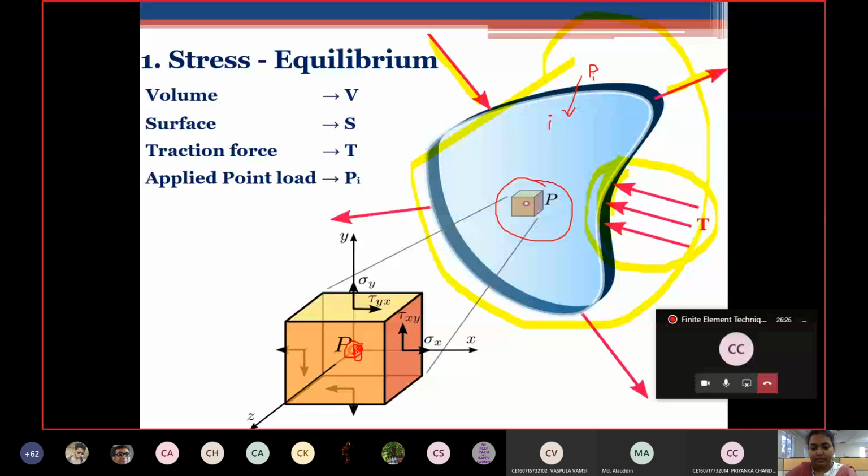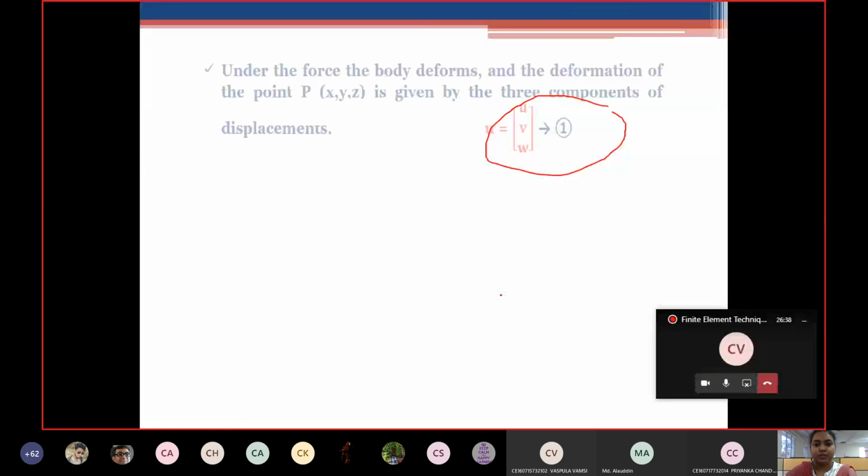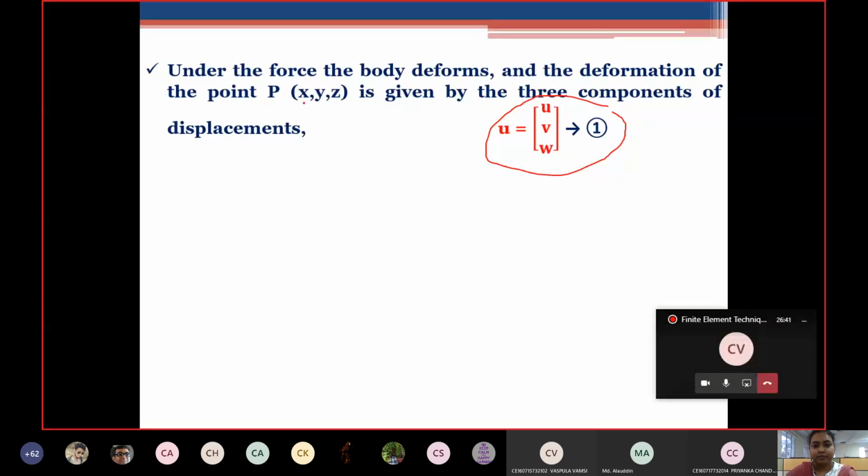All right. See, this is the point P, our point of consideration. Now at this point, if I'm trying to find out the displacement components, because it is 3D, it will have the displacement components in all the three directions.